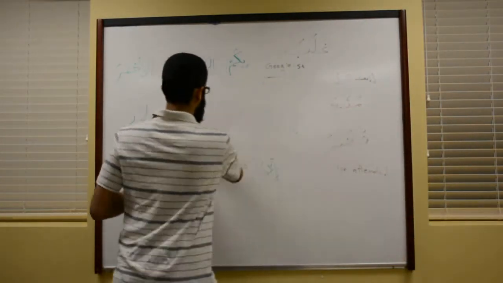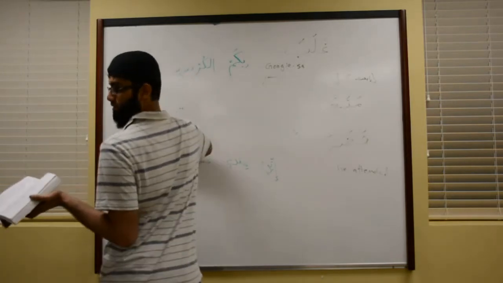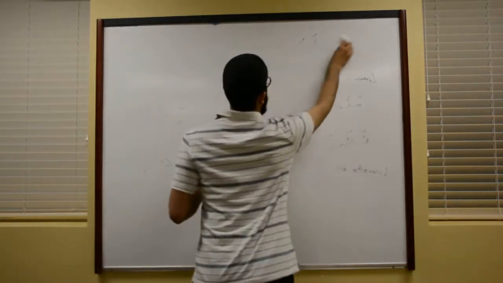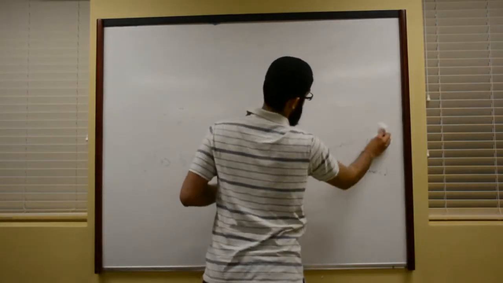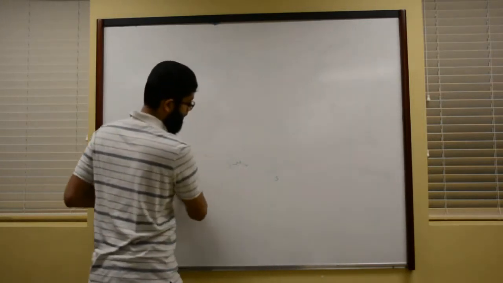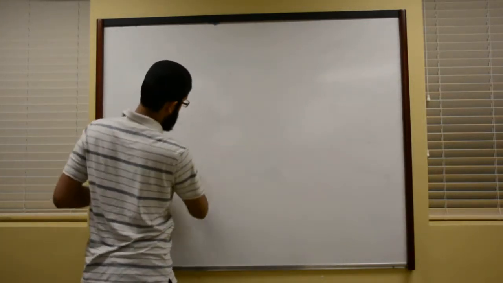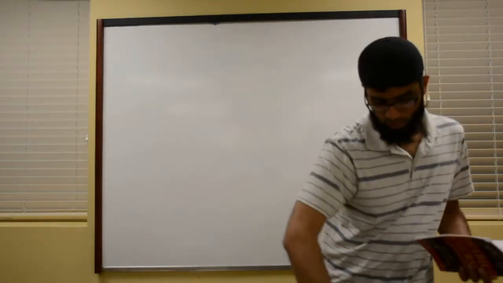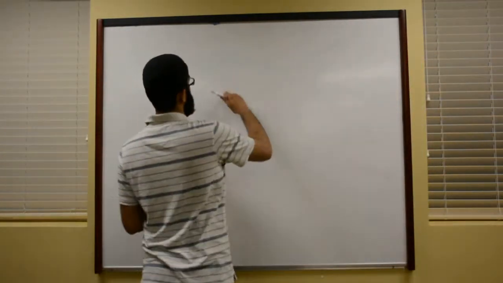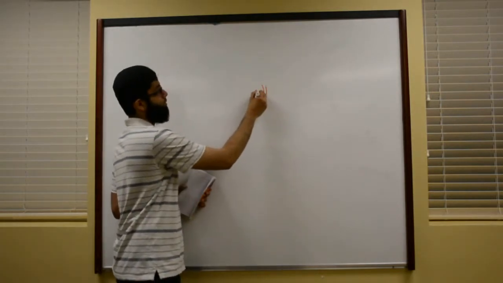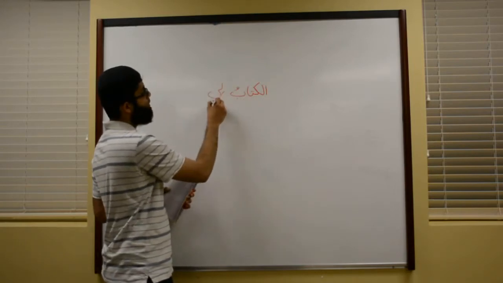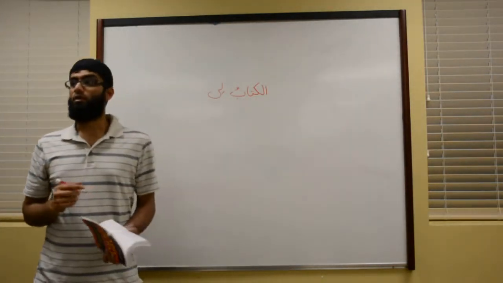Alright. What page are we on again? This is 17, lesson 2, the last page. So we said that a nominal sentence has a mubtada and a khabar, right? What's the mubtada in English? Subject. And what's the khabar? Predicate, or news, okay? So if I write al-kitabu li, what does that mean? The book is mine, the book belongs to me.